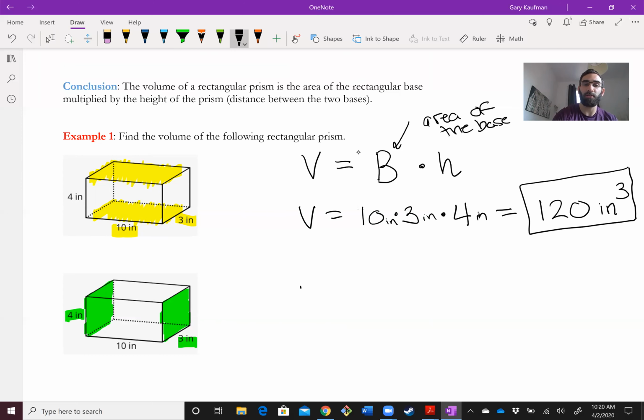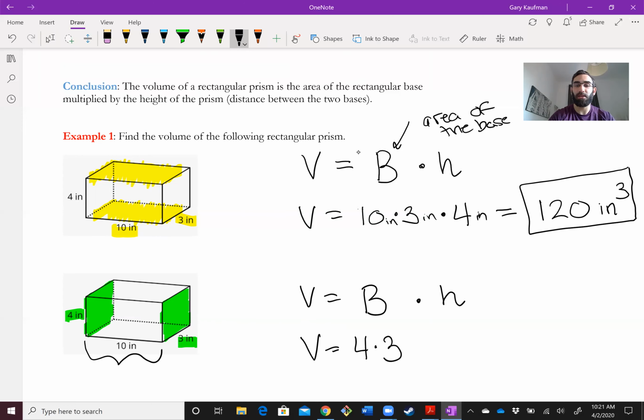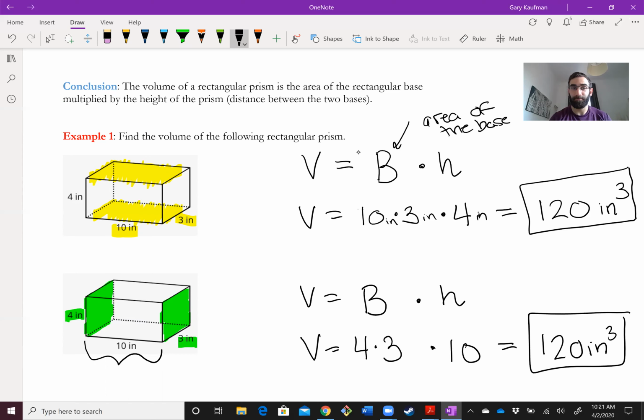So therefore, volume again equals the area of the base, which is 4 times 3, multiplied by the height, which in this case, the height again is the distance between the bases. There's the distance between the bases. So times 10. Well, we get a 12 times 10, 120 inches cubed. Same answer. So hopefully we have that example.